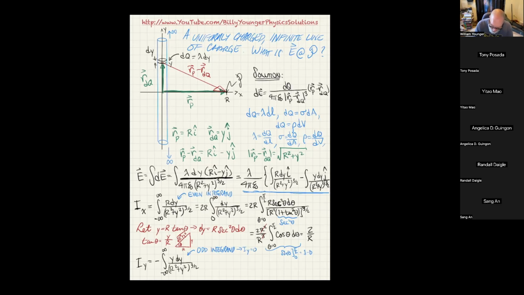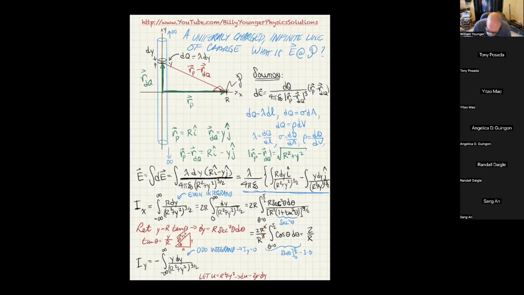I'm going to let u equal r squared plus y squared. So du is equal to 2y dy. So I need a 2 in there. And if I put a 2 in there, I should also put a 1/2 in there.